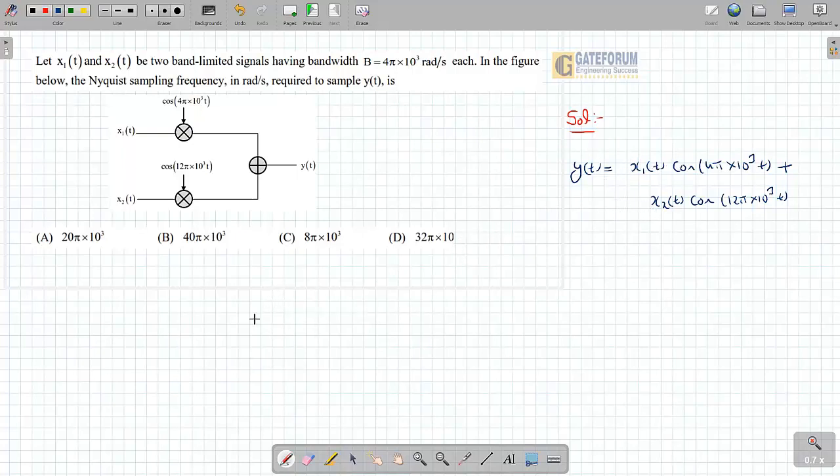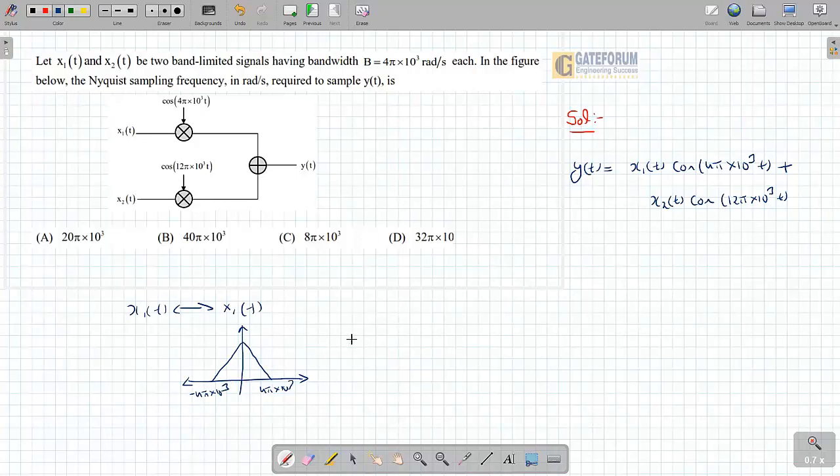Okay. So let's assume that x1(t) has the spectrum X1(ω), something like this, extending from minus 4π×10^3 to 4π×10^3.